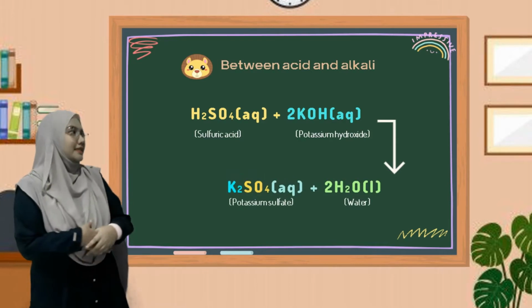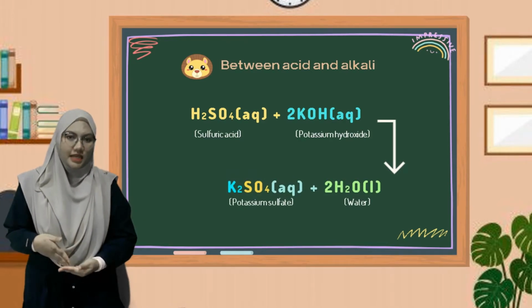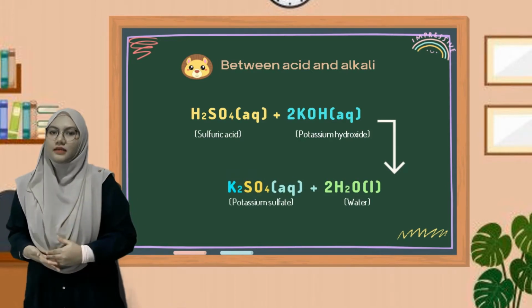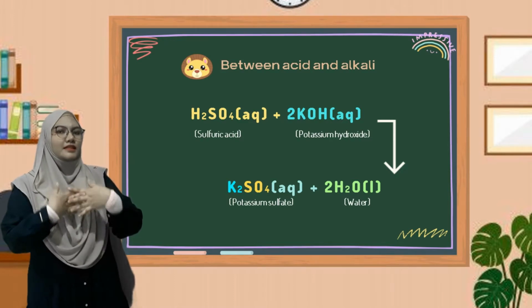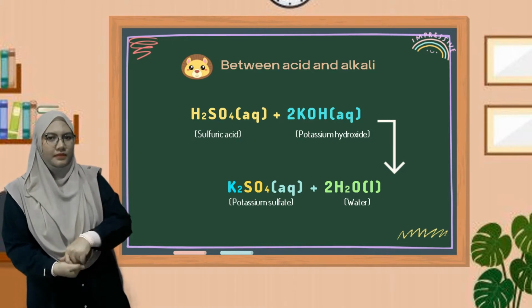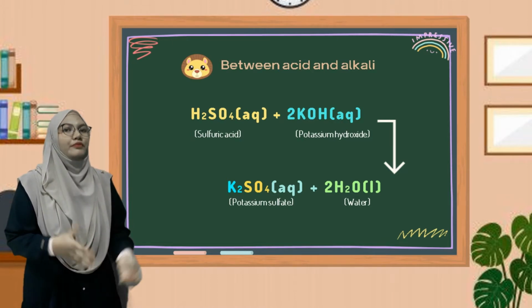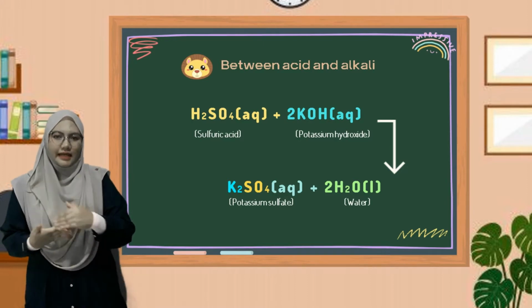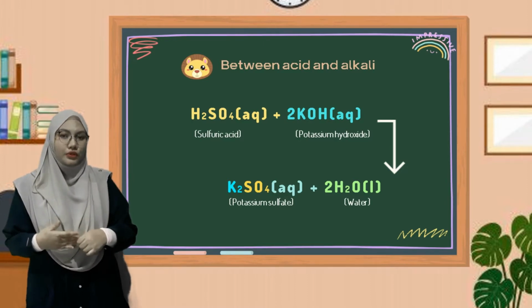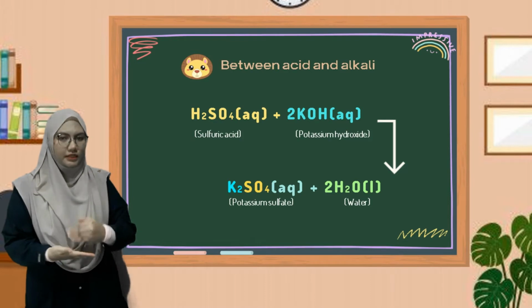Let me move to the first reaction, which is between acid and alkali. As we can see, sulfuric acid reacts with potassium hydroxide to produce potassium sulfate and water. From the previous chapter, we learned that when acid and alkali react, they produce a salt and water.